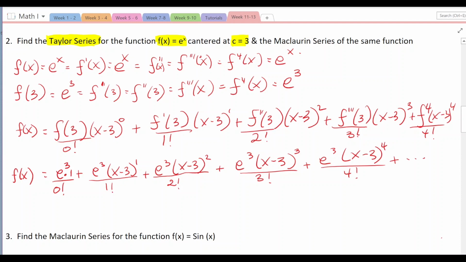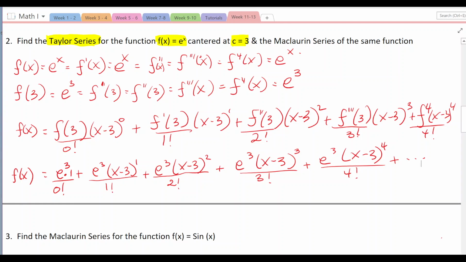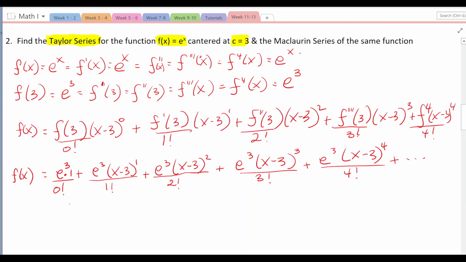So that's what we have so far, and at this stage we can derive the general formula of our series. Our f of x, e to the power of x, if we need to express it in sigma notation, just like the other power series: the first common thing is e to the power of 3, and the next common thing is x minus 3 raised to the power of something.